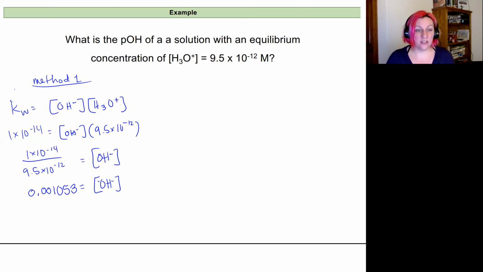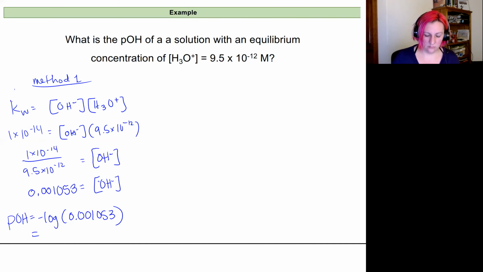I get a value that's 1.053 times 10 to the negative 3. And so to calculate the pOH, I'm just going to take the negative log of that. So my pOH will be equal to the negative log of that 0.001053, which will give me a value that is 2.98. All right, that's one way to do it.